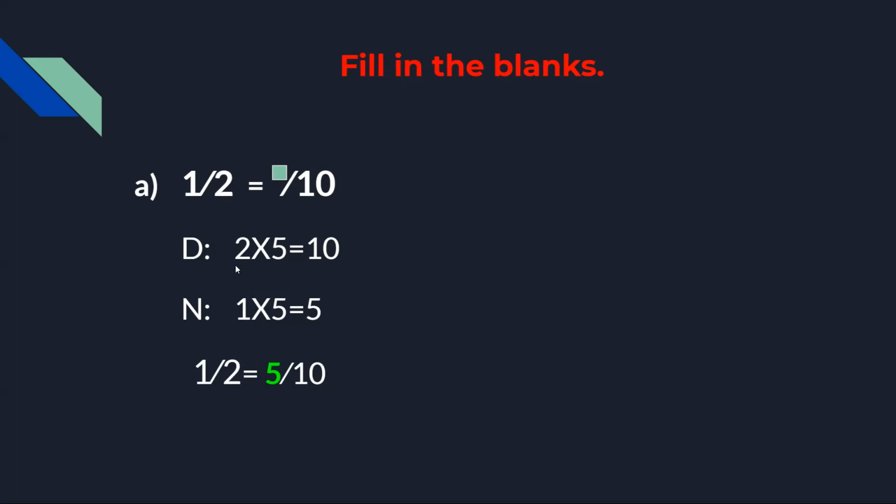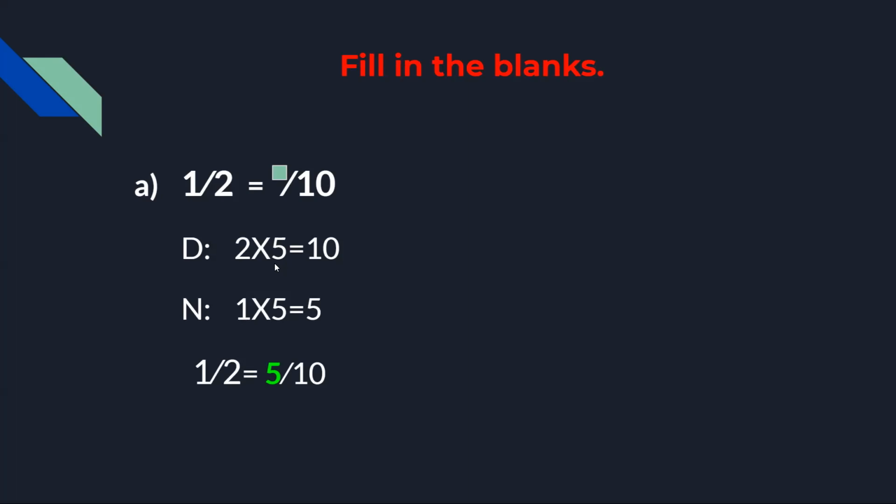So we take the denominators and find out 2 into 5 equal 10. If we multiply 2 by 5, we get the right side denominator, that is 10. It means the number used to get the equivalent fraction is 5.